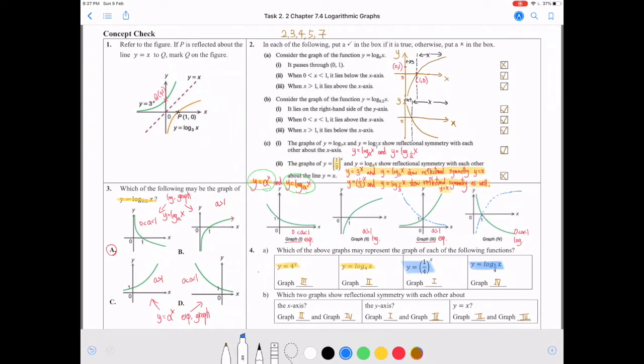They are still inverses of each other, right? That means these two graphs also show reflectional symmetry about y equals x. So you can answer graph 1 and graph 4, or graph 2 and graph 3. Both are correct.